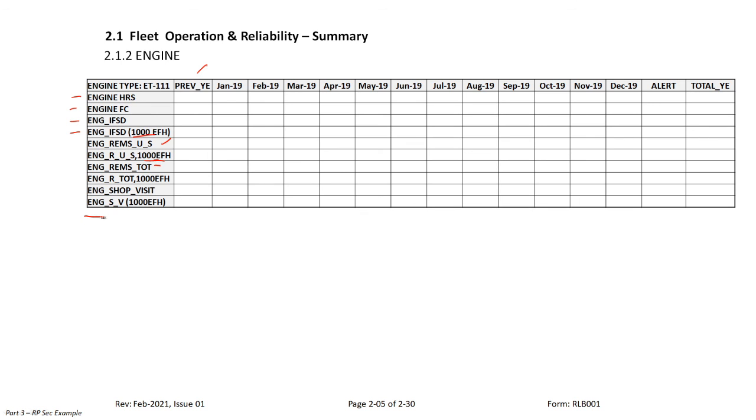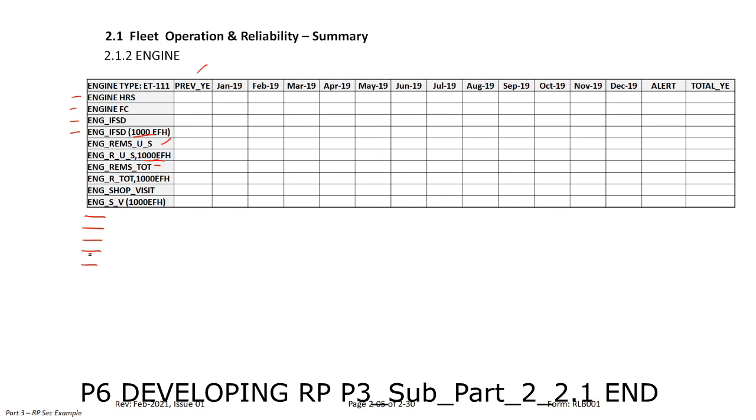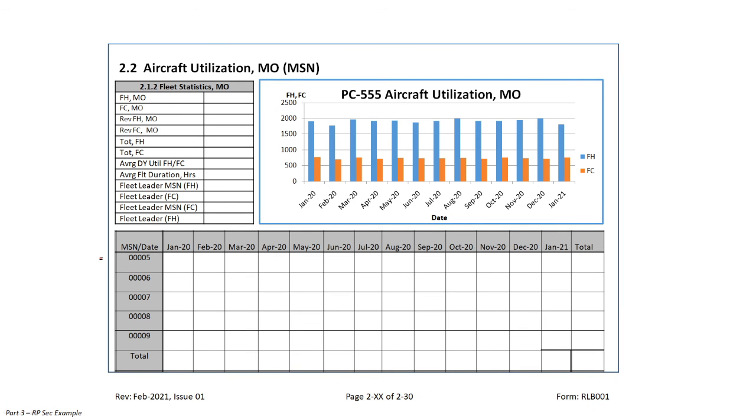We can continue this list based on our experience, requirements, business model, and operation model. Now let's move to the next slide and see some interesting summary examples regarding aircraft utilization.